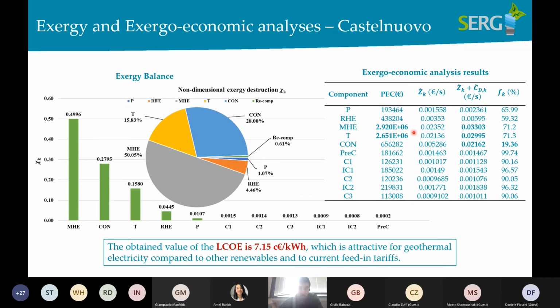Overall, the levelized cost of electricity for Castelnuovo is higher than Hellisheidi, and this is due to the very low power output, which is 5 megawatt against 300 megawatt, and the cost was found to be 7.15 euro cents per kilowatt hour, which is still very attractive for geothermal electricity compared to other renewables.